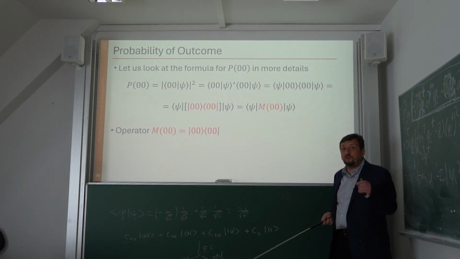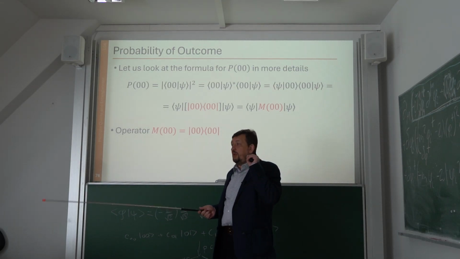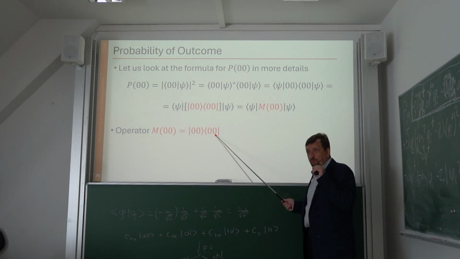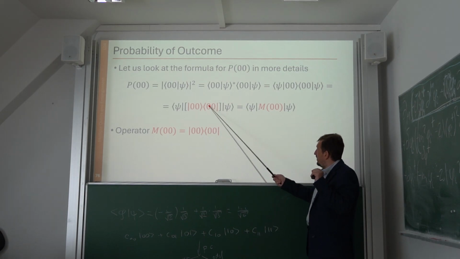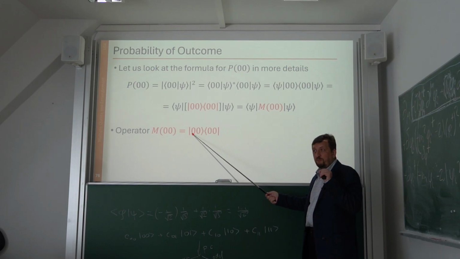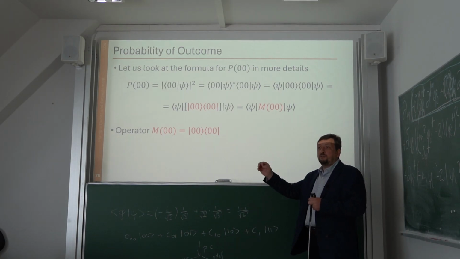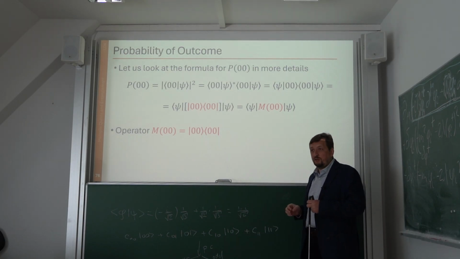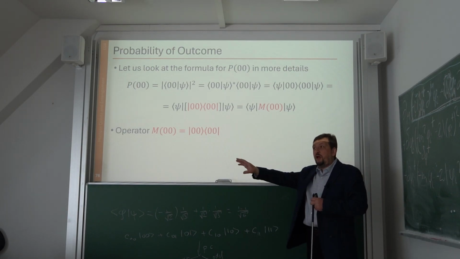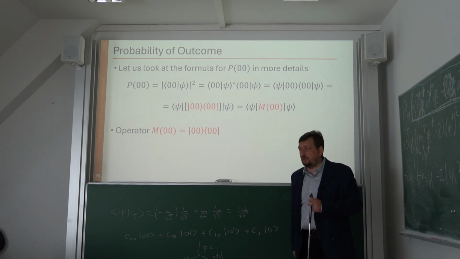And what is this operator? This is a projection operator. It takes the 0, 0 component of whatever state it acts on and just keeps it. This is the same as classically you would write an operator, say, unit vector X, unit vector X. That means you take only the X component of the vector to which this operator applies, and you keep just this direction.